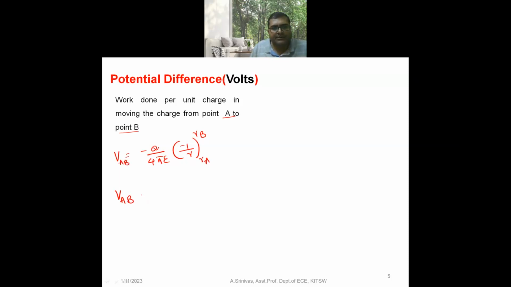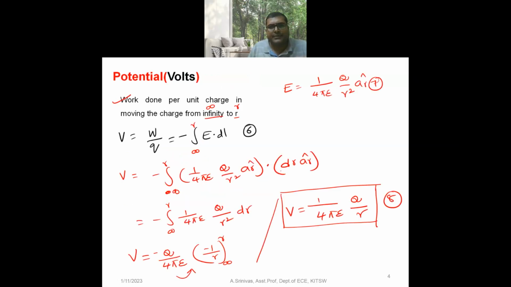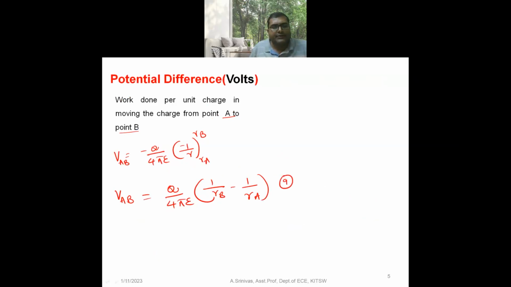It is the potential difference between A and B, represented by VAB, equal to Q by 4 pi epsilon times 1 by RB minus 1 by RA. Equation number 9. Once again, the potential difference between the two points A and B is given by 1 by 4 pi epsilon times 1 by RB minus 1 by RA.